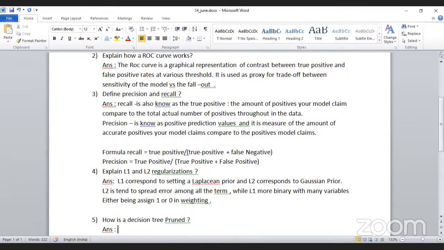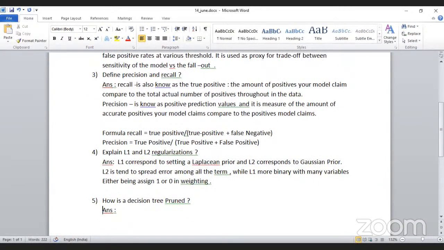What is pruning in decision tree? For what purpose are we using pruning? Okay.